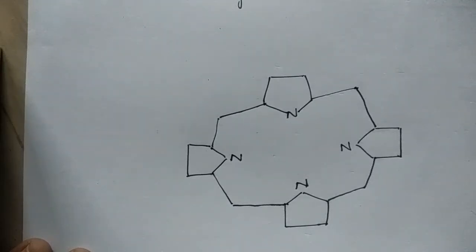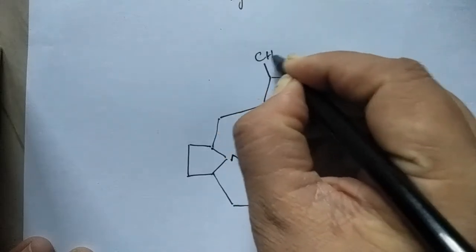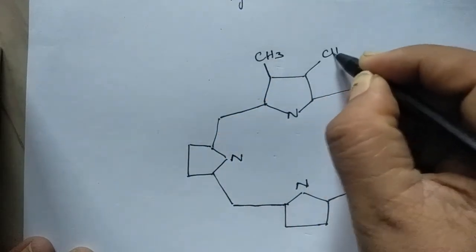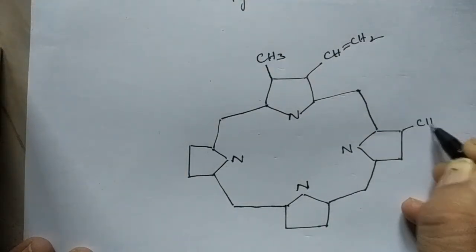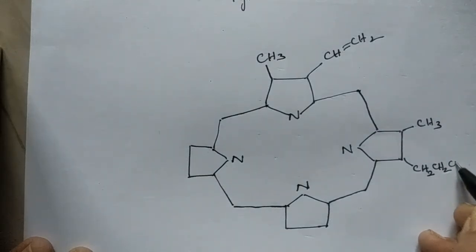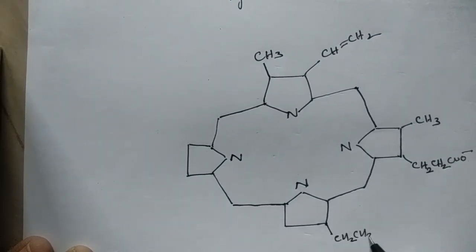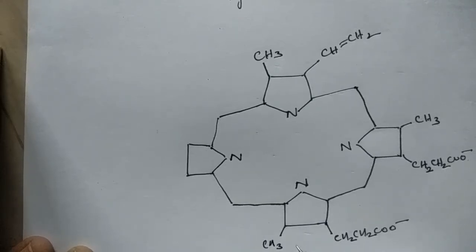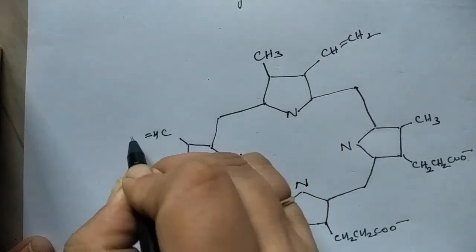Next, in the case of hemoglobin, you will be having a CH3 group attached over here, and you have CH double bond CH2 attached to this one, and the same thing repeating, CH3 over here, and CH2 COO minus over here, and here we have CH2 COO minus, and here we have CH3, and here CH3, and here CH double bond CH2.